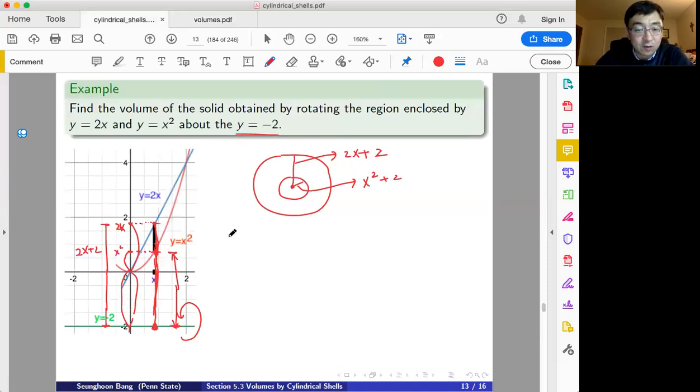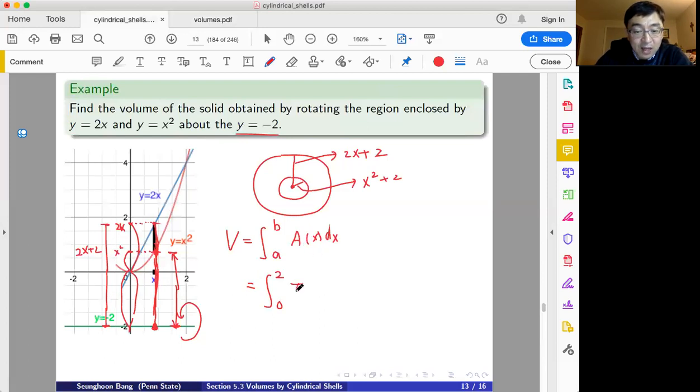So what's the volume? Same. Integral from A to B of A(x) dx. The integral is from 0 to 2, the intersection points 0 and 2.